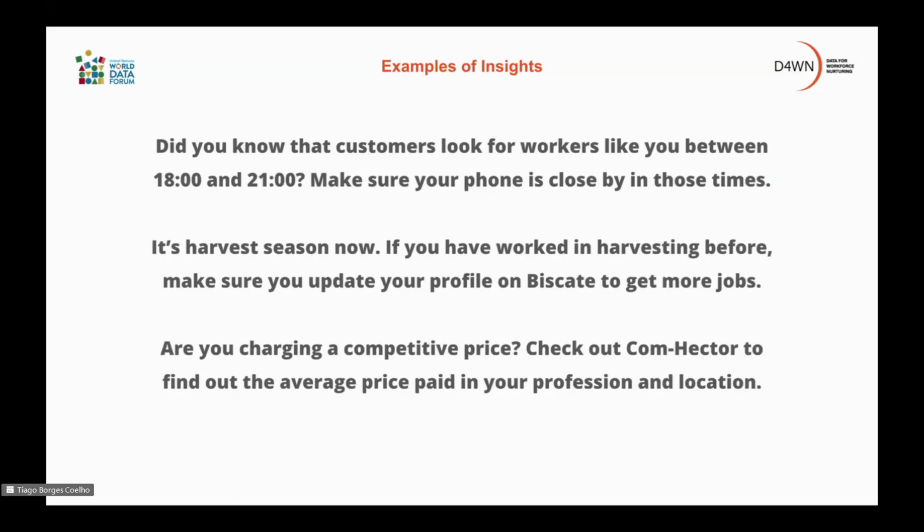This was important because along the way we were doing lots of focus groups and we noticed that people maybe didn't have their phones with them at that time when they were most in demand. So this was a good recommendation. And we also saw that many people missed their calls and that's why they didn't get a job. So this information was key for them to access more opportunities. Another example of the kind of data that we have in our system.